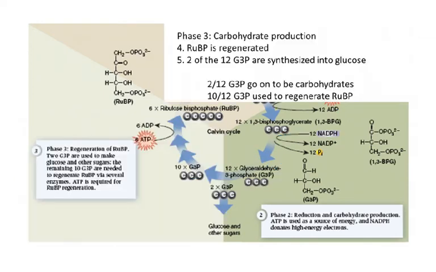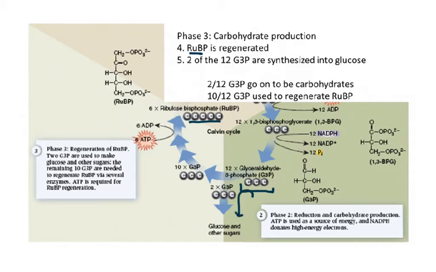The third phase is called the carbohydrate production phase. In this phase, we're going to regenerate what we started with. Remember, I said I promise we'll get back to this 5-carbon molecule. So we're going to regenerate that 5-carbon molecule we started with. And then these G3P molecules, some of them will go off to become glucose.